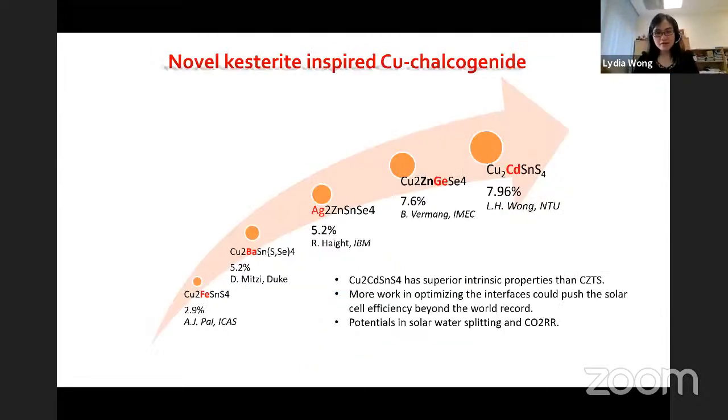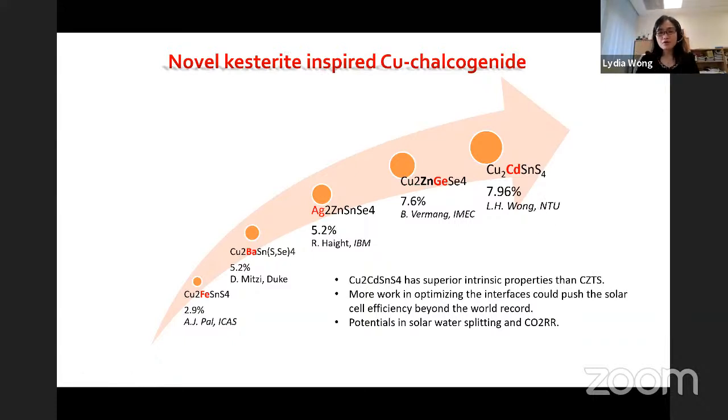By changing the composition of the kesterite, we can change the defect property. And to cut the story short, our group managed to produce the highest efficiency of novel kesterite in the world so far. So for copper, cadmium, tin sulfide, we managed to get almost 8% efficiency.